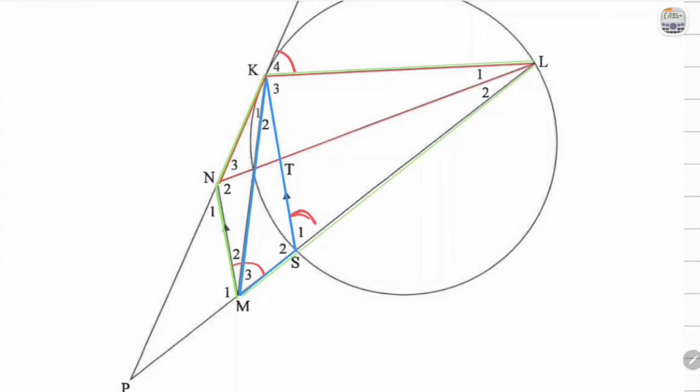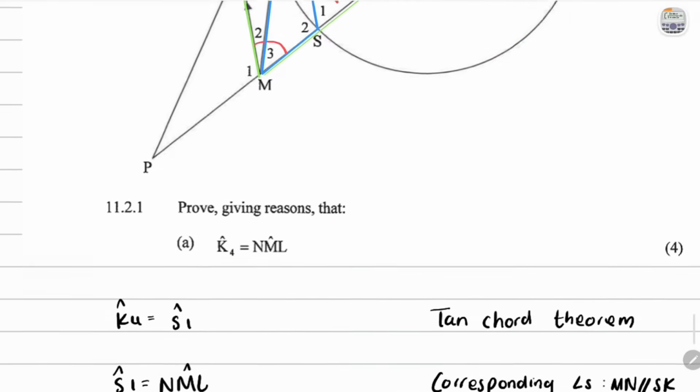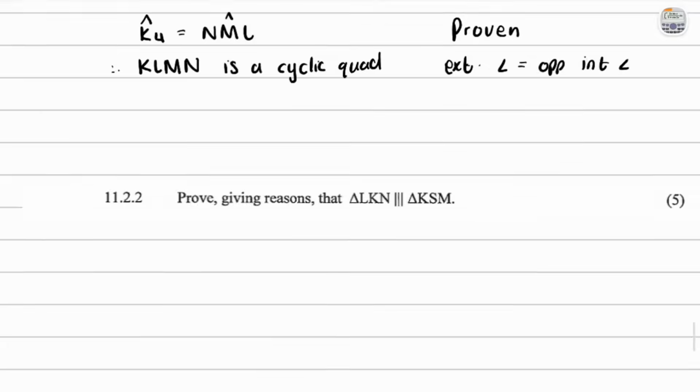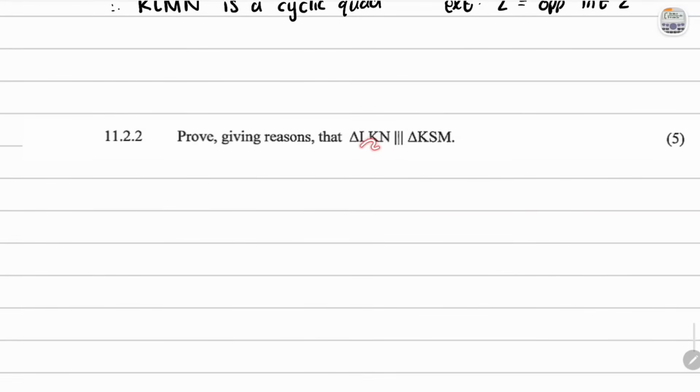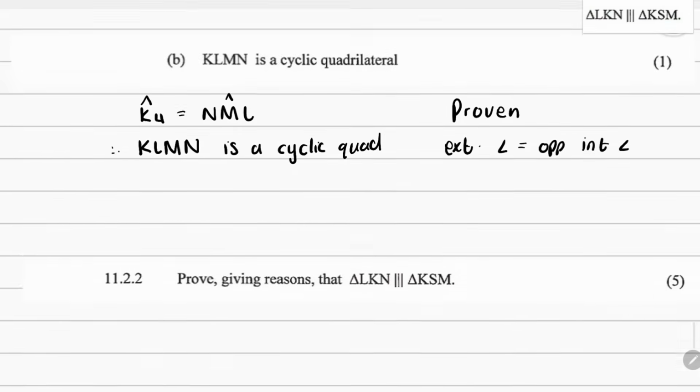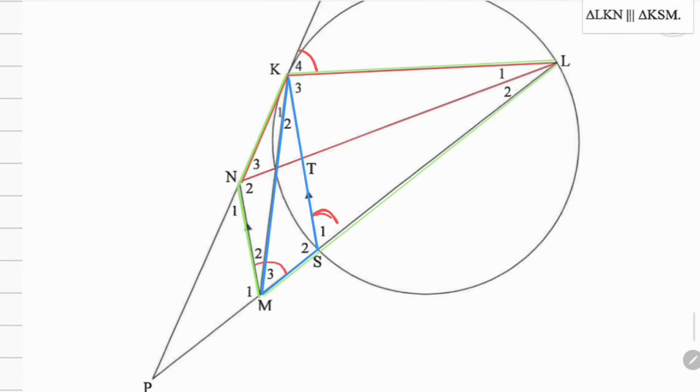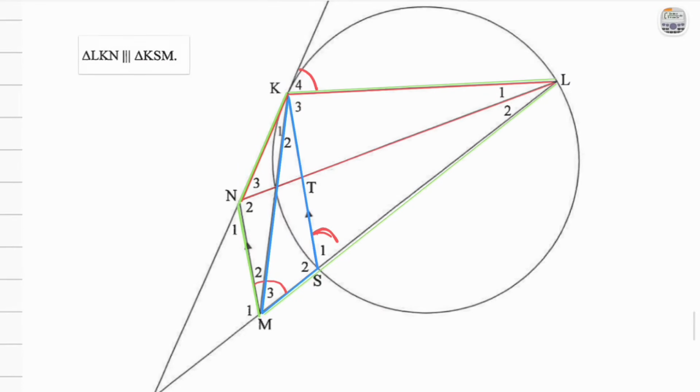Now in the cyclic quad, we need to focus on the angles. And one way to focus on the angles is to just look at how they were named. These triangles were named LKN and KSM, meaning they are similar in that order. I've pinned it to the screen, so here are our triangles.